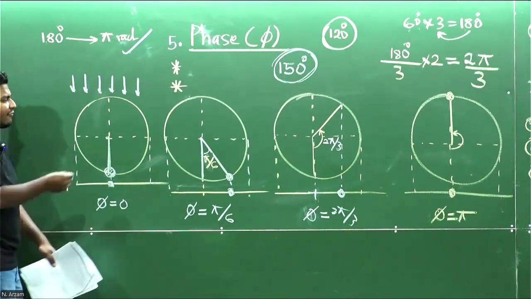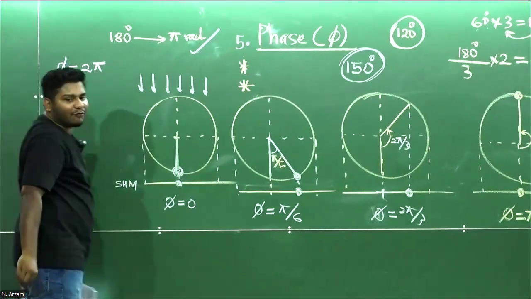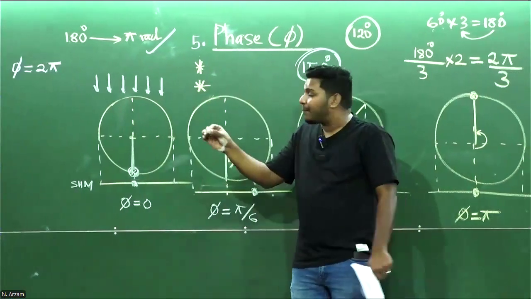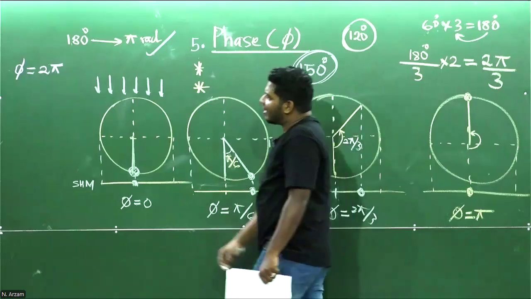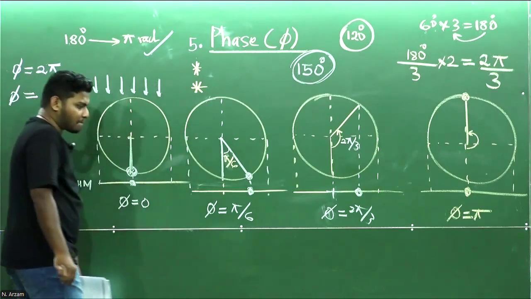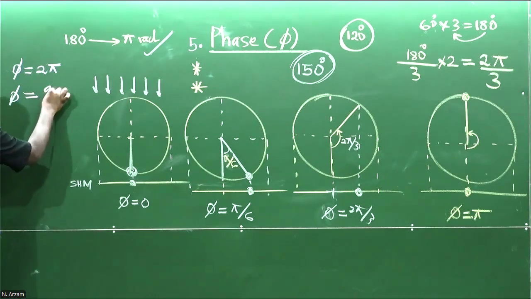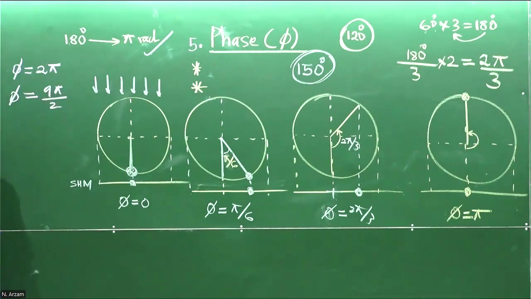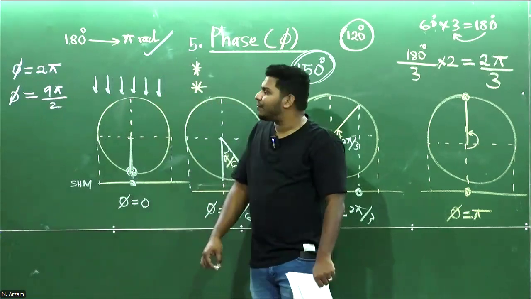Can you tell me, if the phase is equal to 2 pi, what is the meaning of that? That means the particle completed a full rotation. Now tell me, if the phase is equal to 9 pi by 2, how many rotations, and where is the particle now?